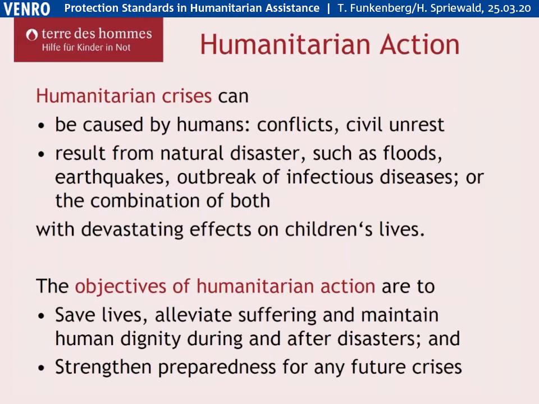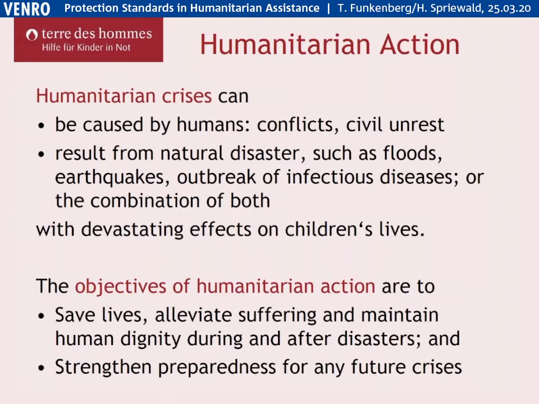We speak of two types of humanitarian crises. One is caused by humans through conflicts or civil unrest. The other one is caused as a result of natural disasters such as floods, earthquakes, or the outbreak of infectious diseases, like we actually have now these days during the coronavirus pandemic. Or it's a combination of both.